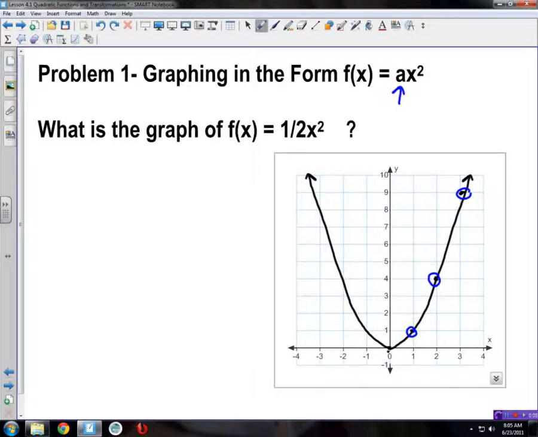So now we want to figure out what the graph of 1/2 x squared is. Well, we haven't learned any tools yet, so basically the only way we can do this, and we can do this with any function, is make an xy table. Now, what I would suggest doing is go 0, 1, 2, and 3, because there's a 0, 1, 2, 3 on this graph.